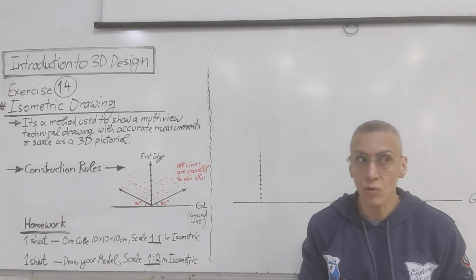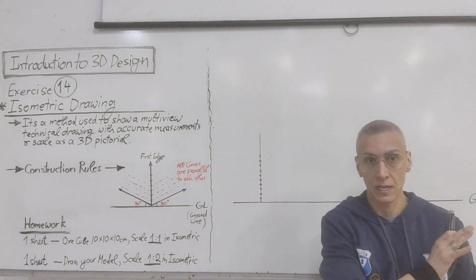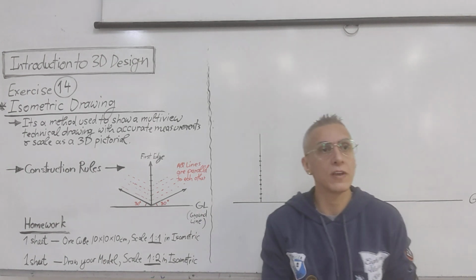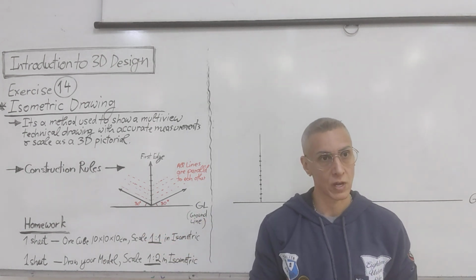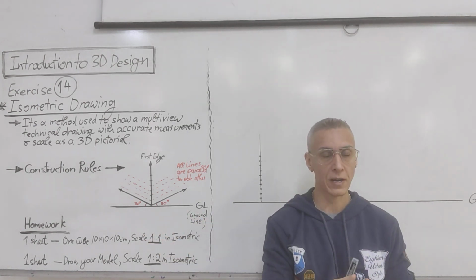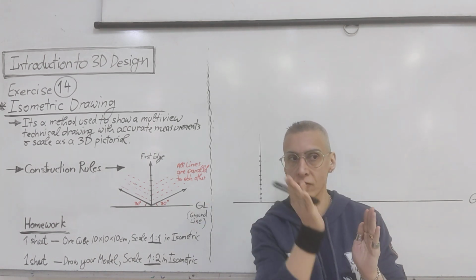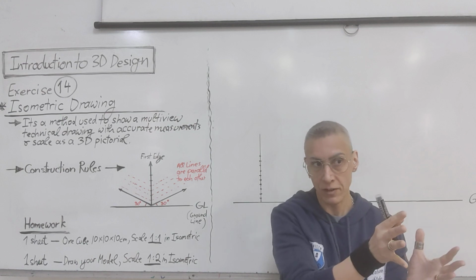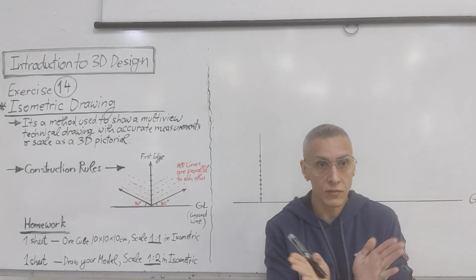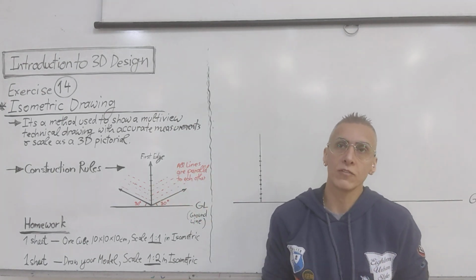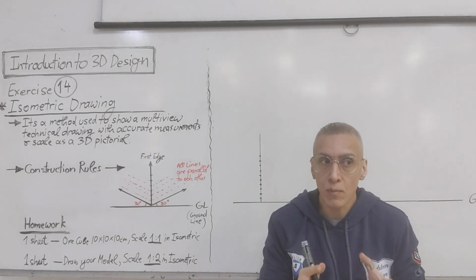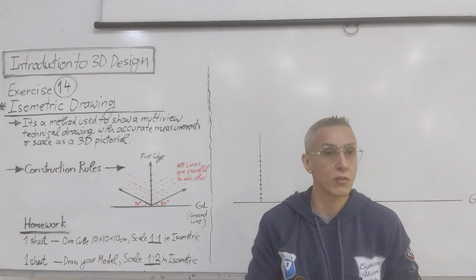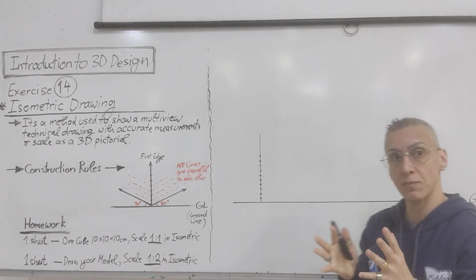The isometric is more popular than the oblique, because here we can see two receding axes. In the oblique, we have a parallel front view and one receding axis, so you don't see what's happening from the other side, but here we have two receding axes. So what does it mean? We can see more details of the object in 3D, and at the same time accurate.